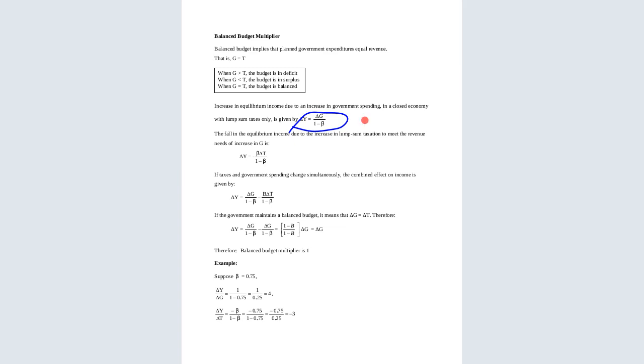So this is simply equivalent to what? 1 over 1 minus beta. That is the change in y over the change in government expenditure. It's 1 over 1 minus beta. That is what we found out earlier.